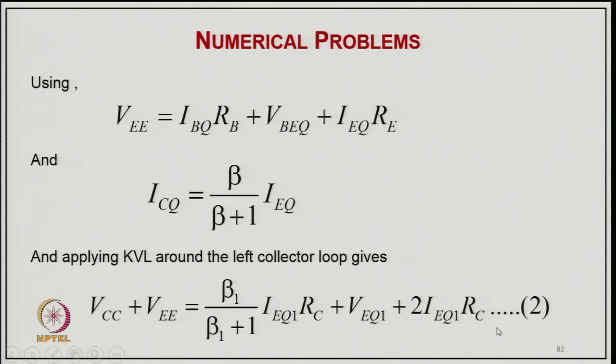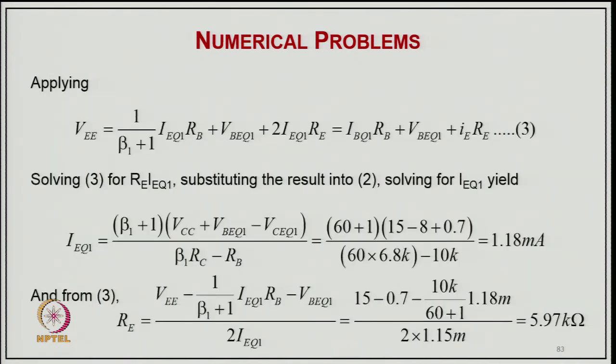1 plus 2 IQ1 into RC, that is for typically transistor 1, and applying the loop equation, 1 upon (beta 1 plus 1) IQ1 RB plus VBQ1 plus 2 IQ RB equal to IBQ plus VBQ1 plus RE IE.